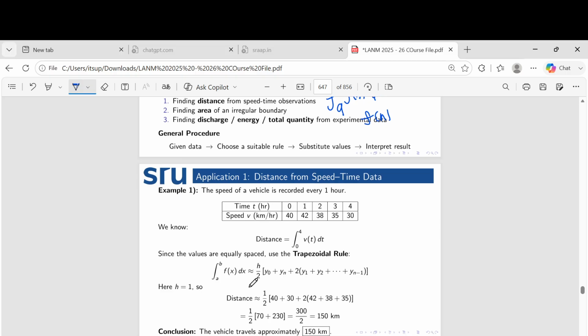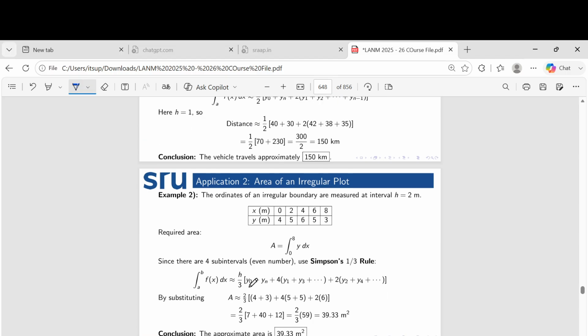Now, Simpson one-third rule. So what is the formula for Simpson one-third rule?